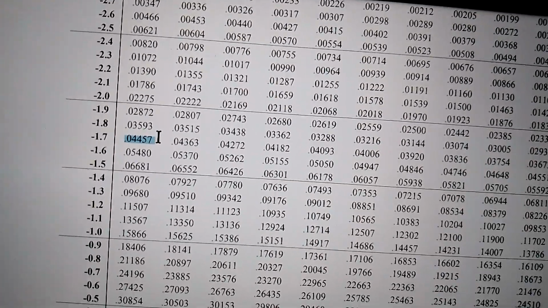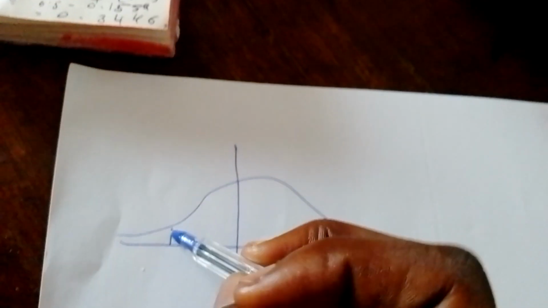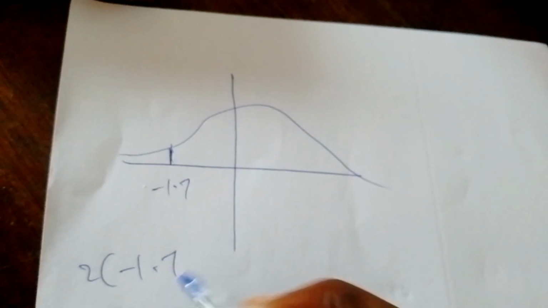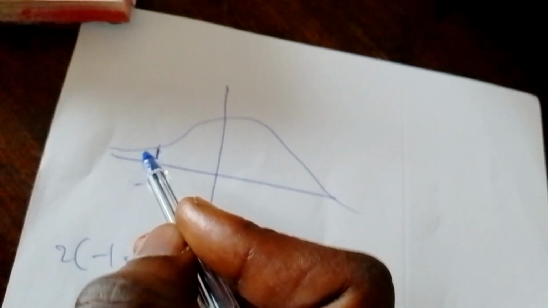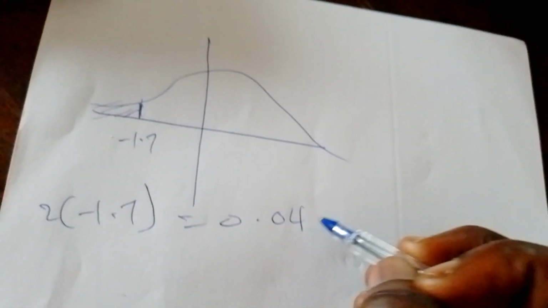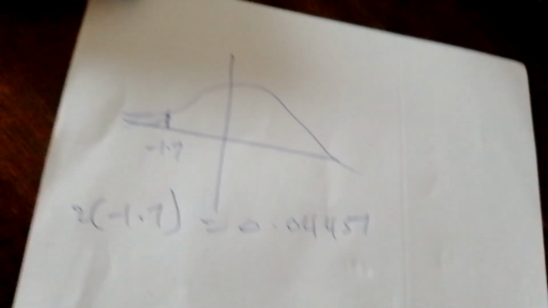Let me just do that on my sheet here so that you see what I'm saying. So basically we have this, and then you have z of negative 1.7. If you find z of negative 1.7, then that is everything here, so that'll give you 0.04457.